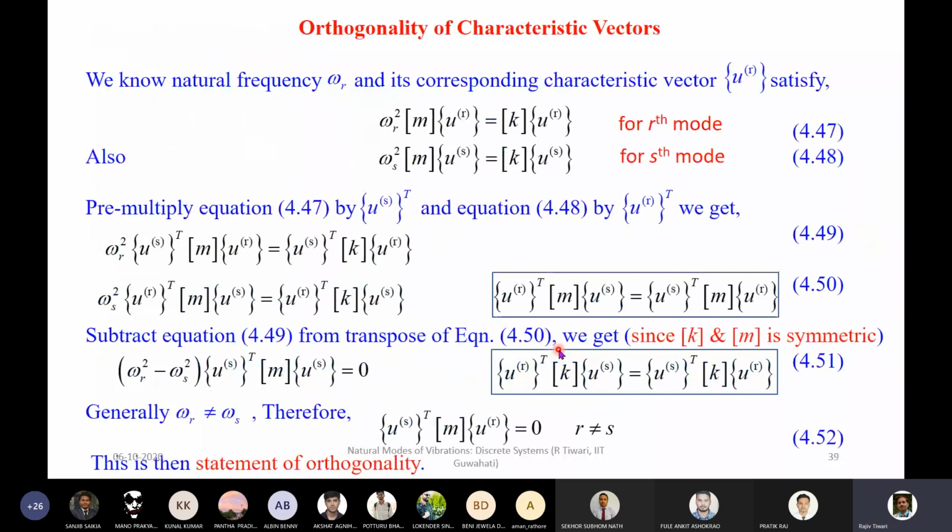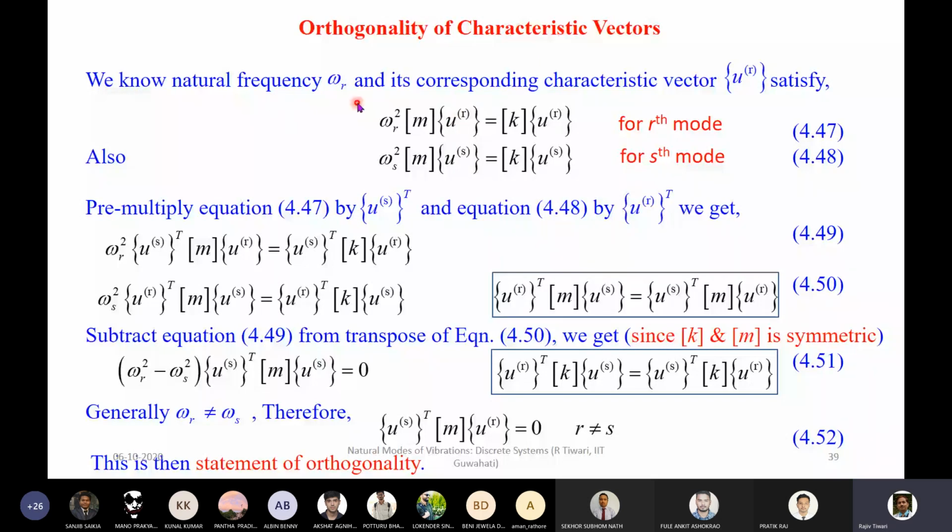Now I'll take up some properties of the eigenvector. I define the orthogonality condition. That means the two mode shapes are orthogonal to each other, and now I'll be proving that particular orthogonality condition.